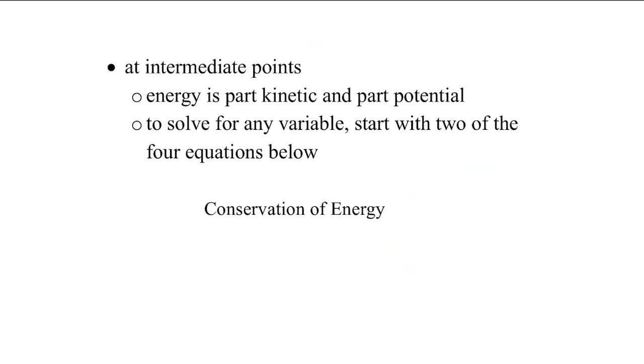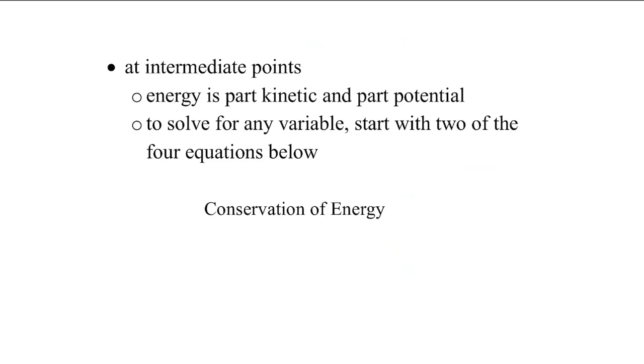Okay, let's just talk about intermediate points really quickly. Of course, at intermediate points, it's not a maximum, so it's going to be part kinetic, part potential. Okay, so if you ever had to find something at an intermediate point, that's not quite at full extension or compression, and it's not at equilibrium, it's in between those two, then you have a bit of both, okay?